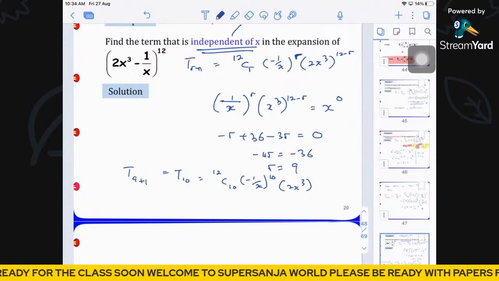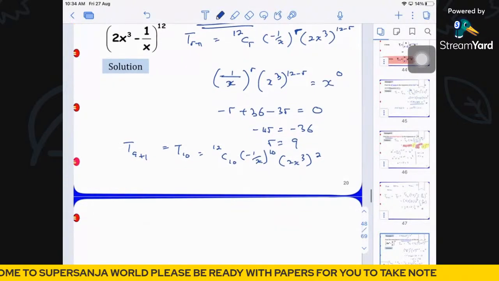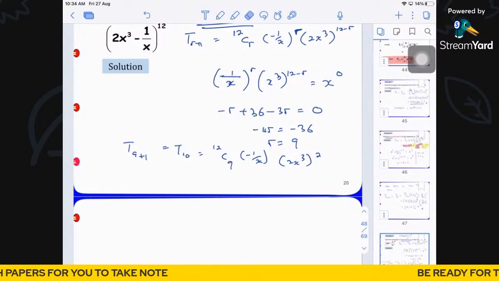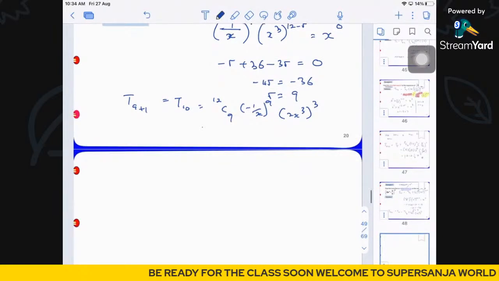Am I right? Sorry, my mistake. r there is 9. So r is 9, and 12 minus 9 gives you 3.